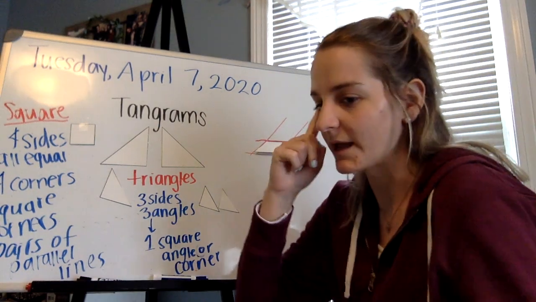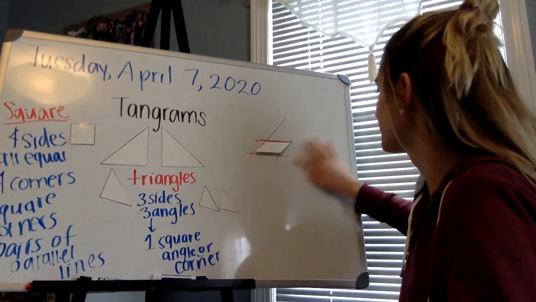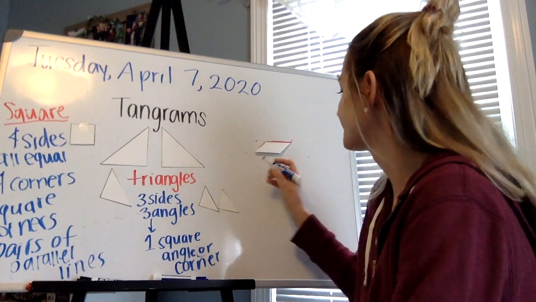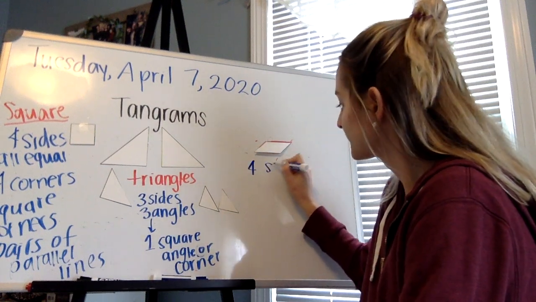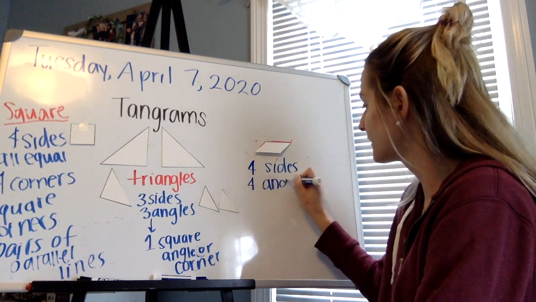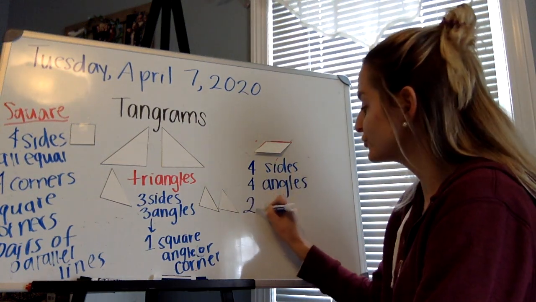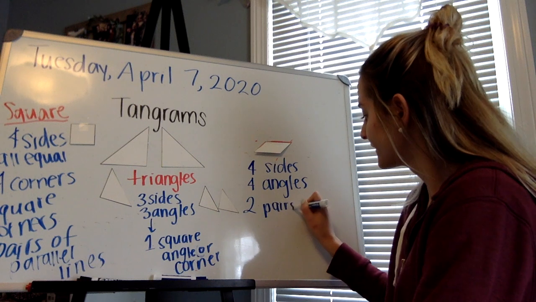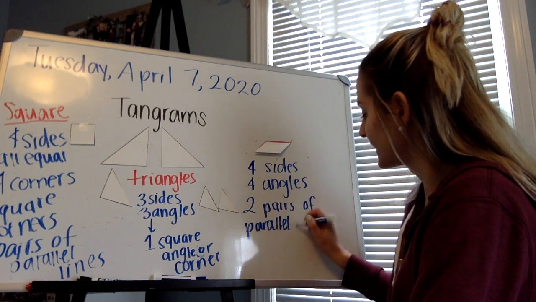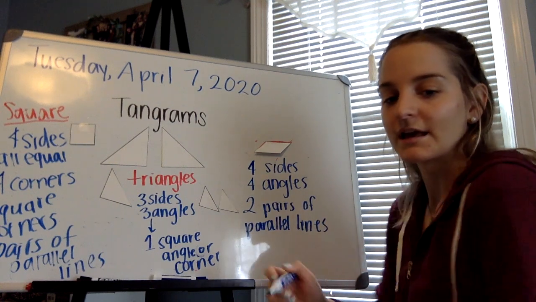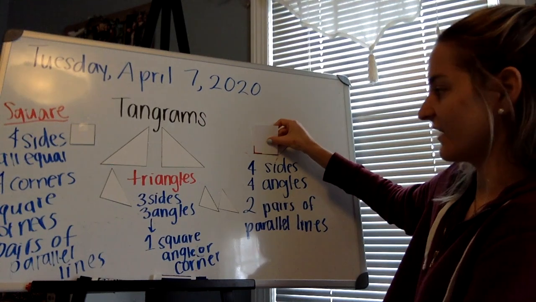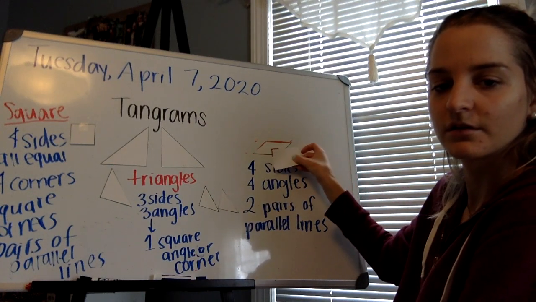So what shape has 4 sides, 4 angles, 2 pairs of parallel lines, and let's see, does it have any right angles? That's not a right angle.